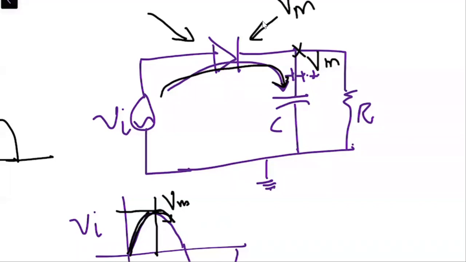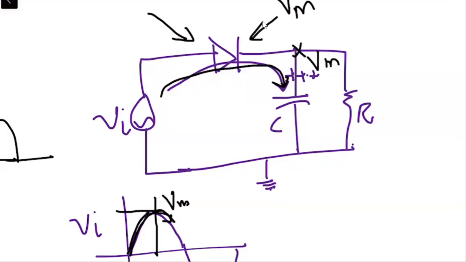What I am saying is that if we consider the diode as an ideal diode, the diode will behave as a closed switch. When it behaves as a closed switch, whenever the input voltage starts rising from zero, the capacitor charges instantaneously, because the capacitor is charging through the diode, which offers very negligible resistance.